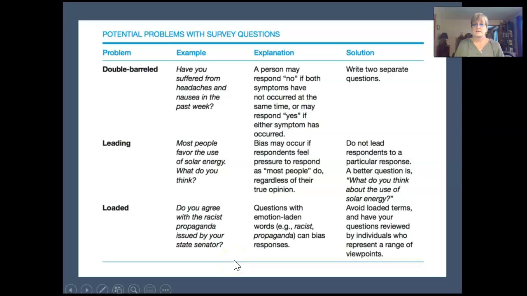Loaded questions, as I said, tend to be value-laden or emotion-laden. Here's an example. Do you agree with the racist propaganda issued by your state senator? It not only leads, but it also makes a value judgment about said senator.